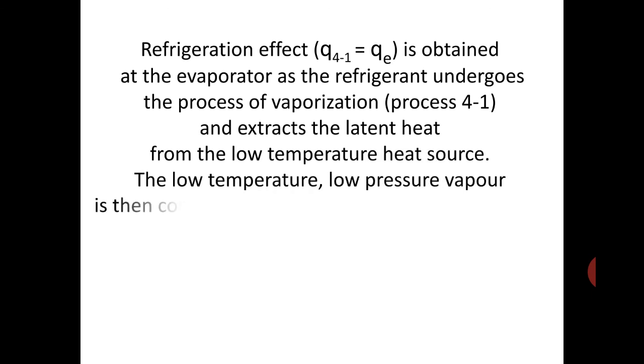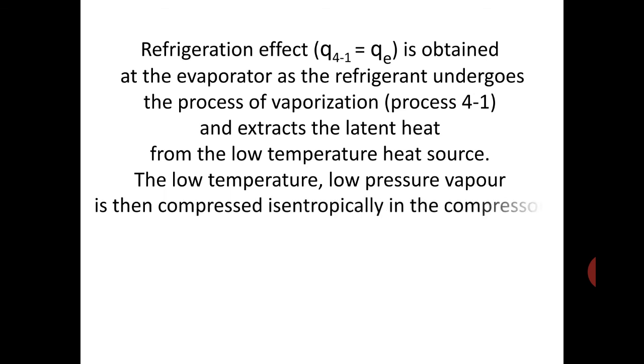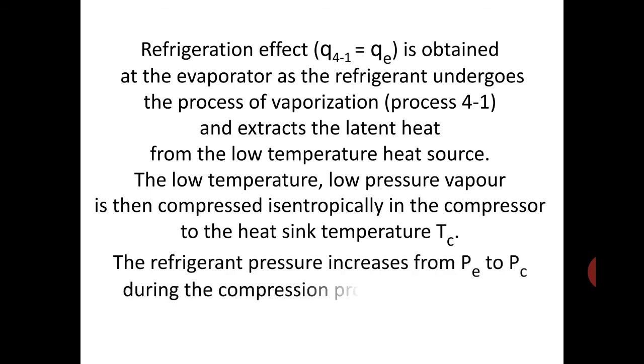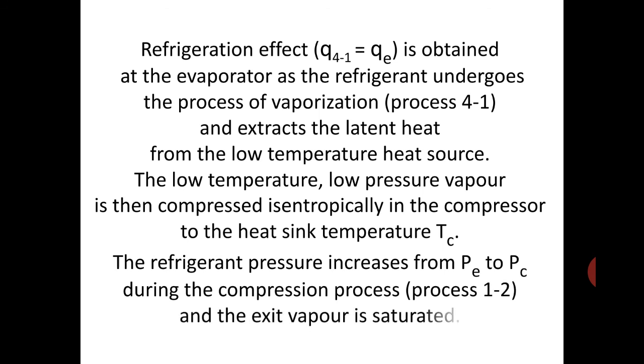The low temperature, low pressure vapor is then compressed isentropically in the compressor to the heat sink temperature Tc. The refrigerant pressure increases from PE to PC during the compression process 1 2, and the exit vapor is saturated.